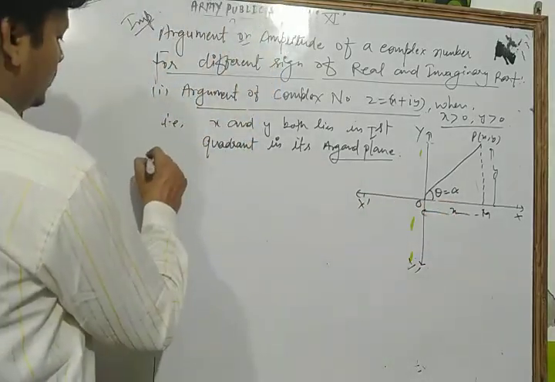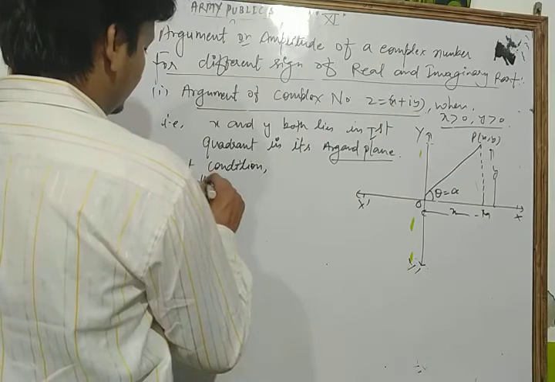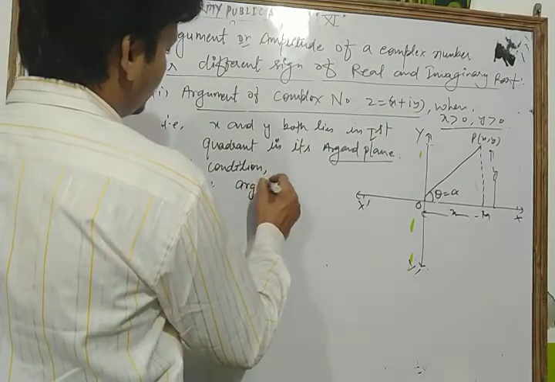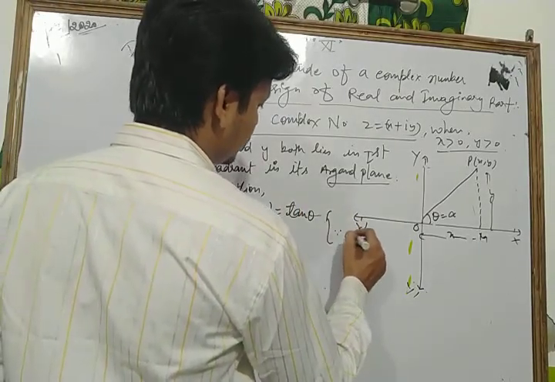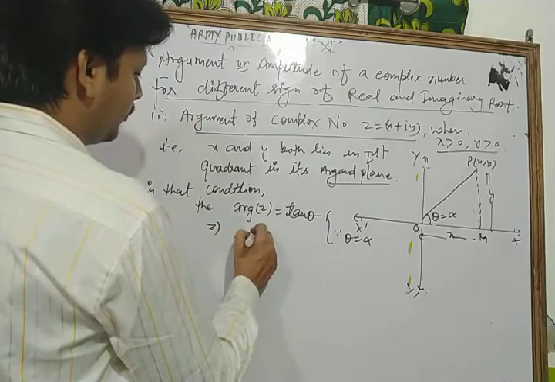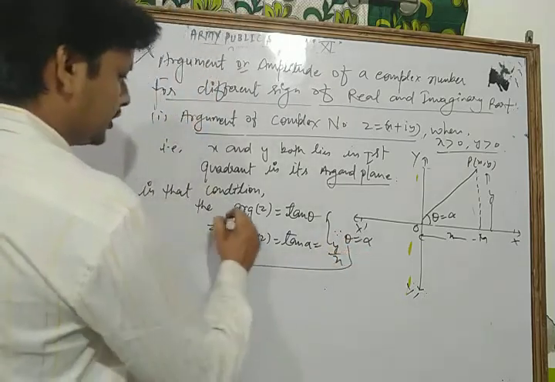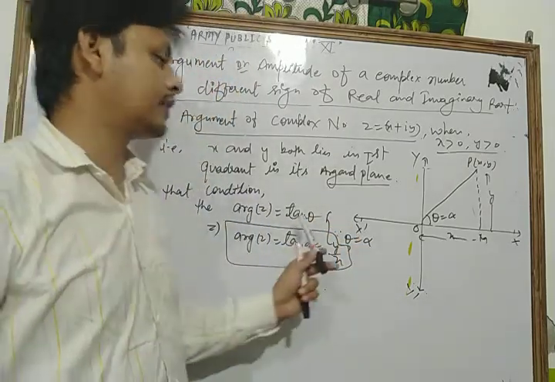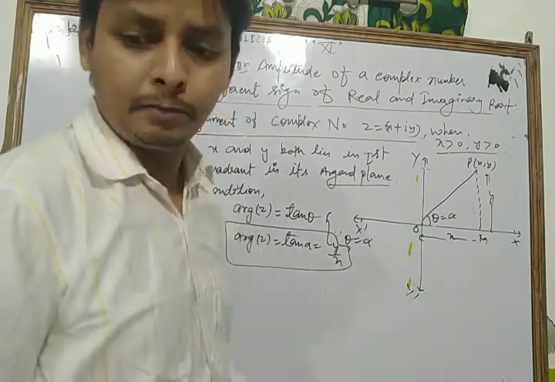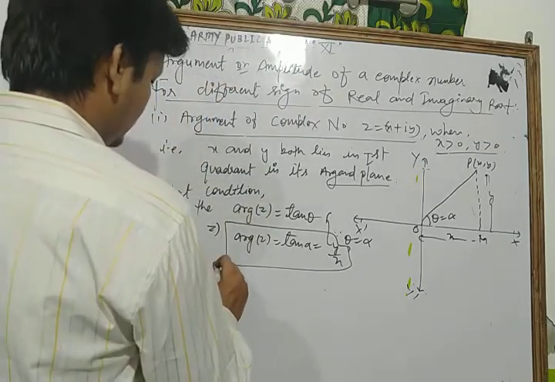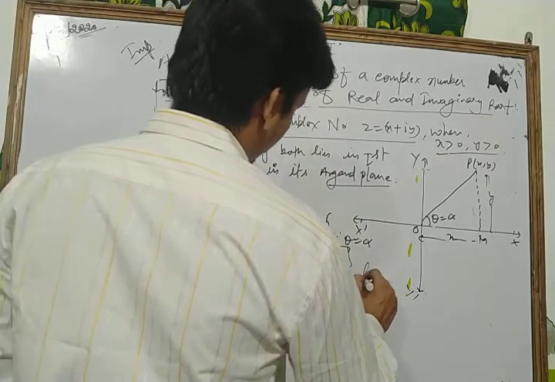In that condition, the argument of the complex number is theta equal to alpha, where alpha is an acute angle.